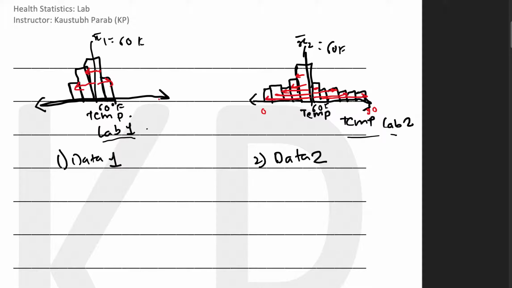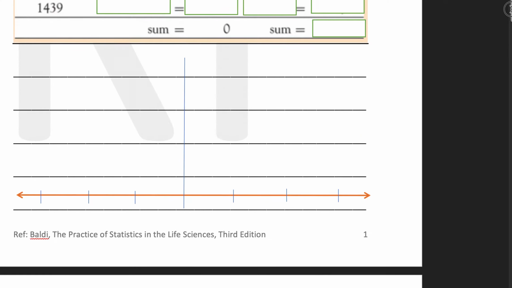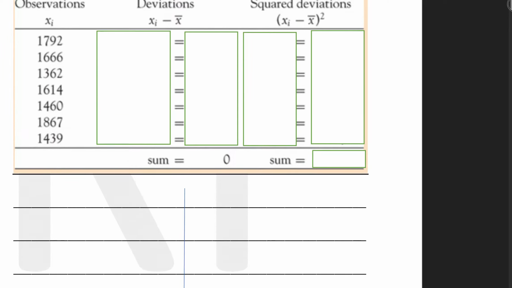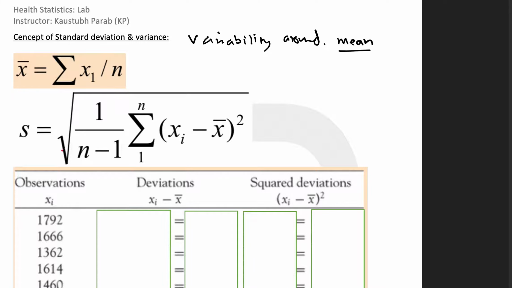So that is why we need to understand what the deviation in your data set is, and for that we need to go ahead and compute the standard deviation or the variance. Both are based on the same concept of variability. Now why do we study the variance and standard deviation separately?